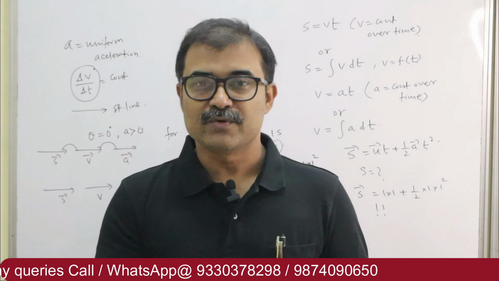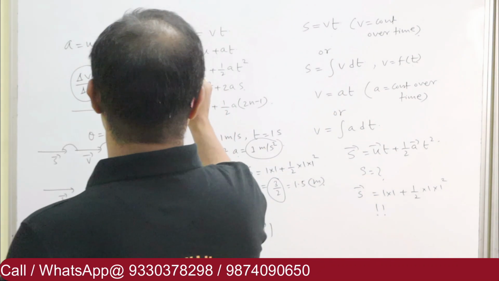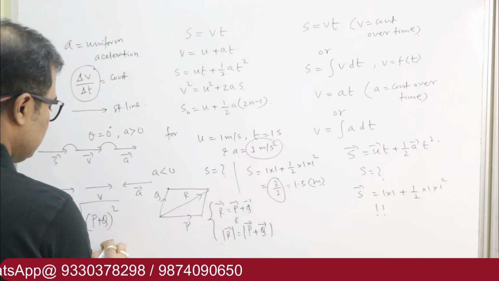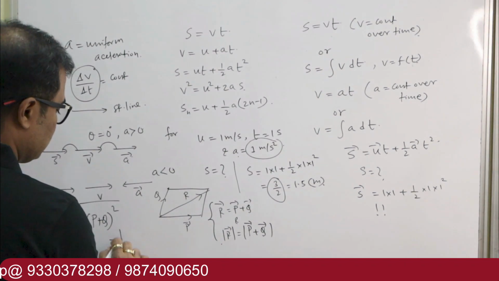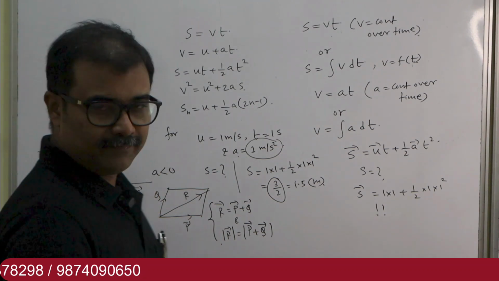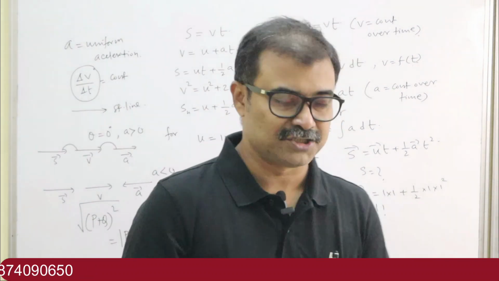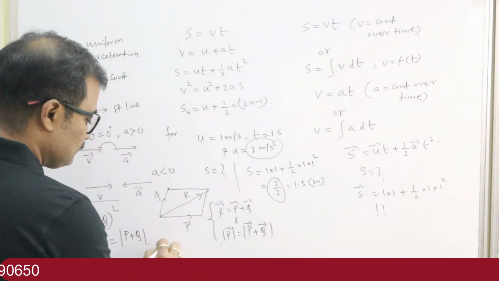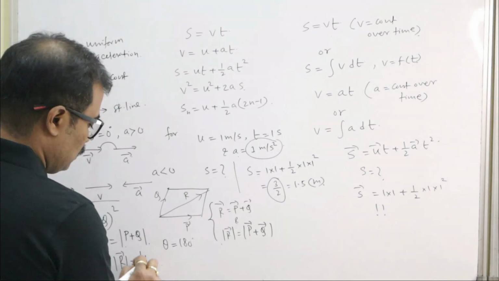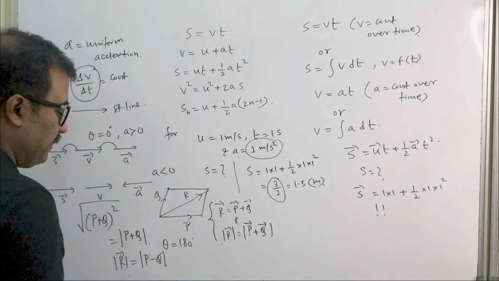That means P square plus Q square plus 2PQ cos 0 means P plus Q whole square, and under root it is mod of P plus Q. And if theta is 180 degree, where the velocity vector and acceleration vector are collinear but in opposite directions, then R equals mod of P minus Q.